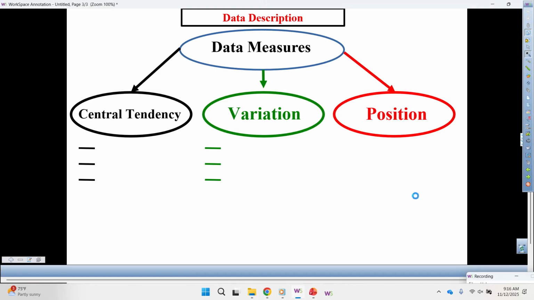Adrian help us out. Measure central tendency are? Mean, median, and mode. That is correct. Now let's go to measure the variation.